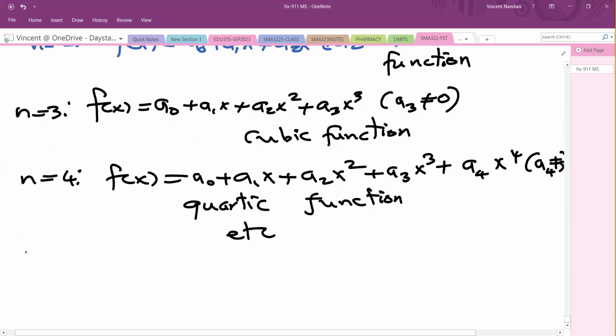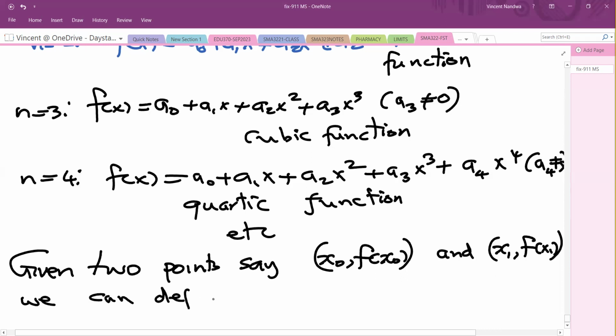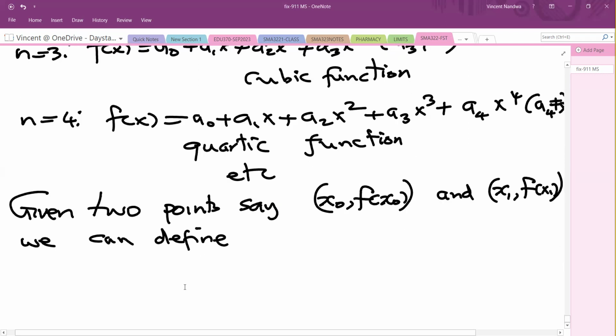So given 2 points, say x naught, f of x naught, and x1, f of x1, if we go back to your form 2, if I have 2 points, I can define a line.